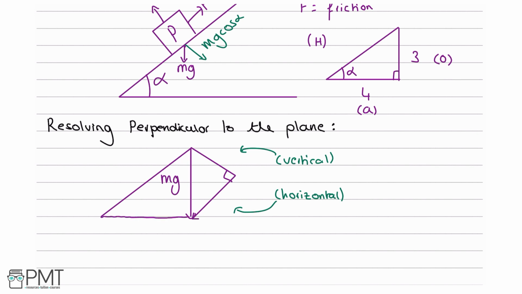This here is alpha. This angle here is 90 degrees. That means this angle here is 90 minus alpha, because all angles in a triangle add up to 180 degrees.